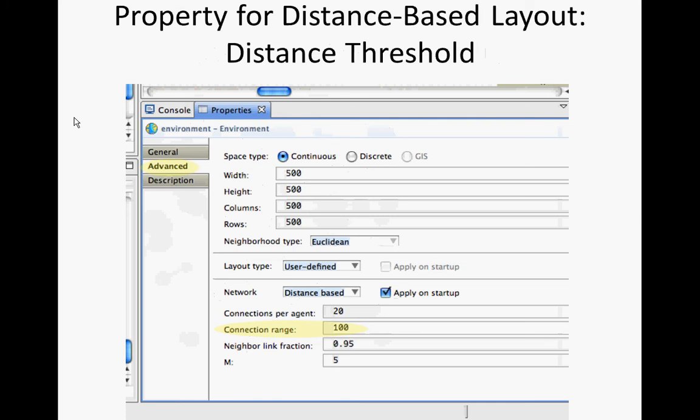So in this case, in AnyLogic, and again, I prefer to walk you through this interactively within the environment, if we select the Advanced tab, we can go to these network properties, and for a distance-based network, the connection range is the operative parameter. For each type of network, you'll have different combinations of parameters being relevant. For example, for a random network, a Poisson random network, connections per agent is irrelevant.